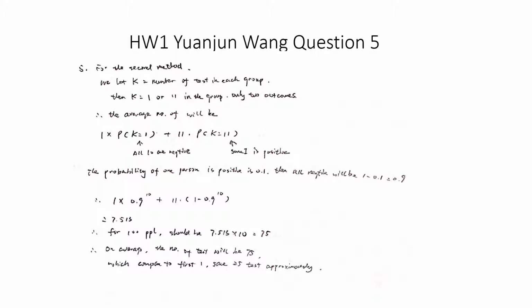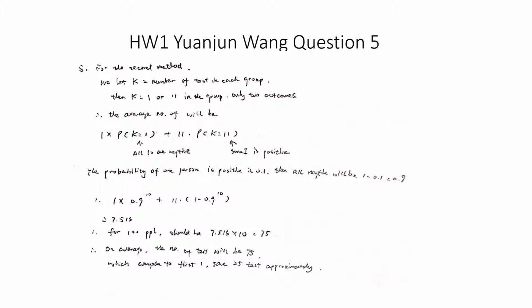If the result is negative, we only need to do one test, and that's it. And if the test is positive, then we will do the tests for each of the 10 people in this group to see which one of them is positive.